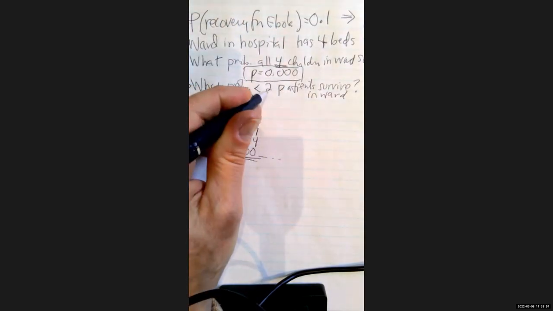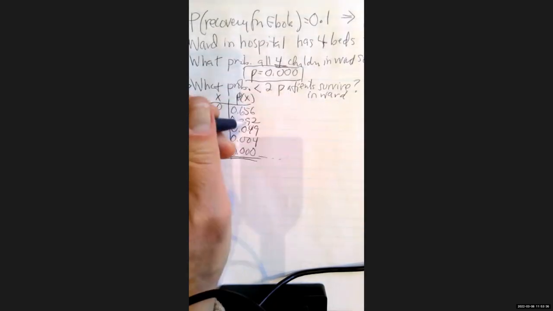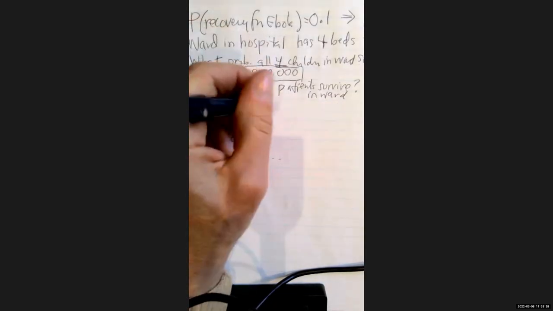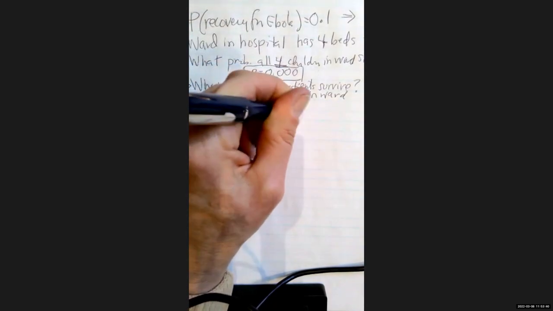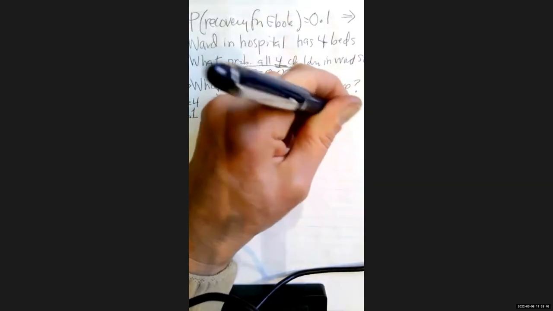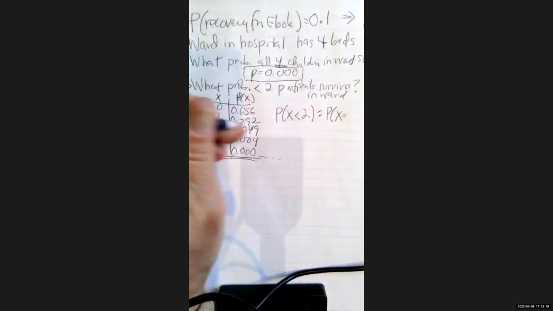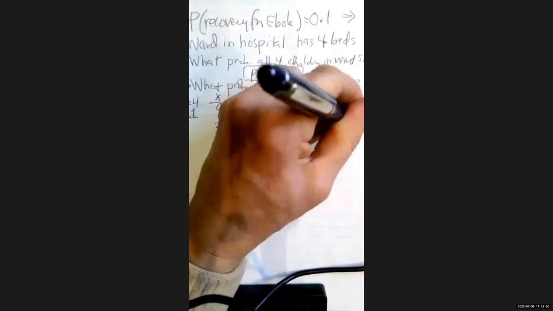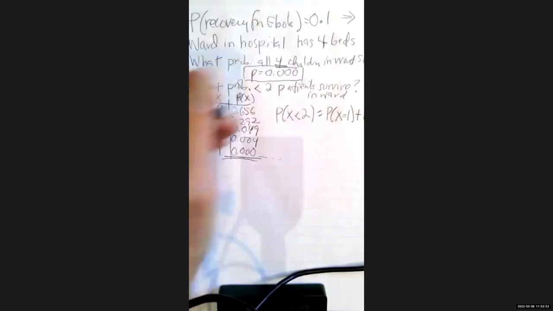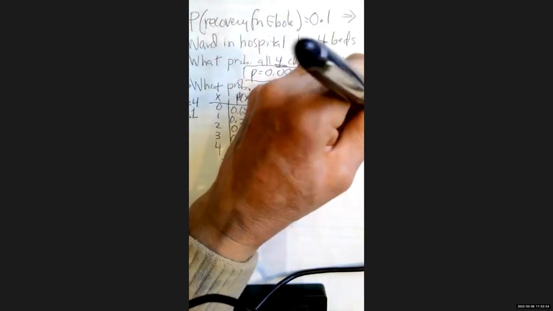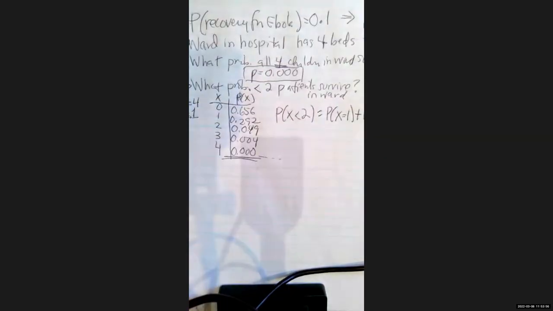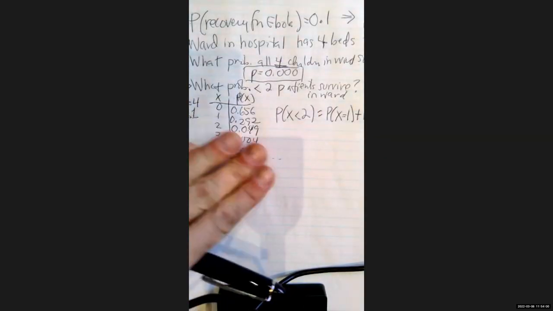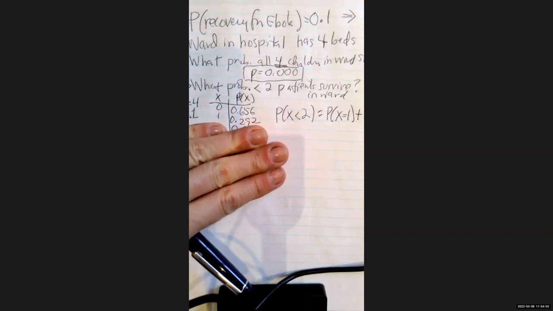What's the probability that less than 2 patients in my ward survive? All right. The probability of x is less than 2. It's the same as the probability that x equals 1 added to the probability that x equals 0. Right, so for the probability of less than 2 surviving, I'm going to take everything less than 2.